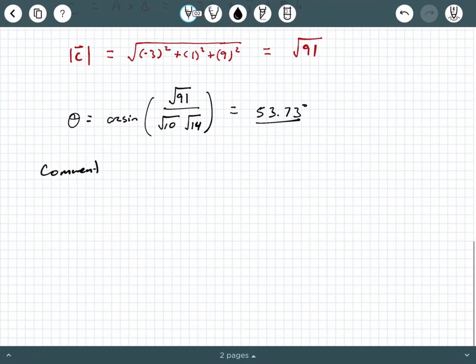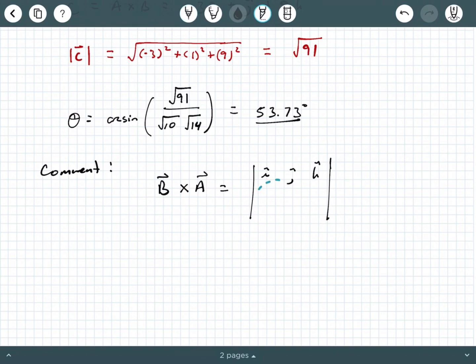So one other last comment on just cross product operations. Remember, if you have a vector, let's say B cross A, and you set that up, you have i, j, and k. The coefficients in the second row here are the coefficients of the leftmost vector.